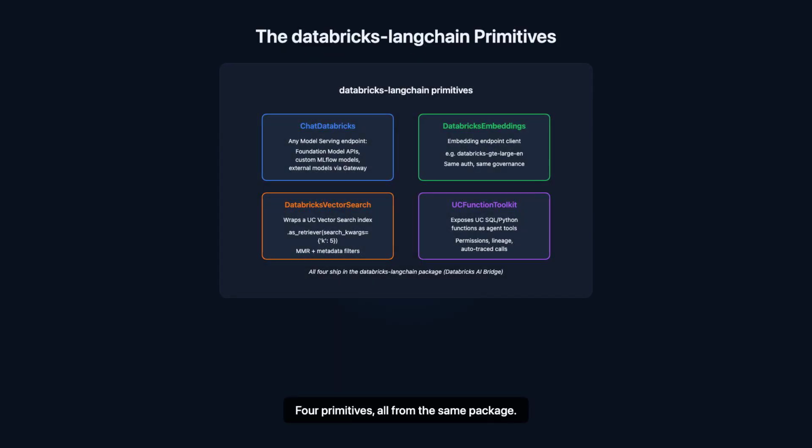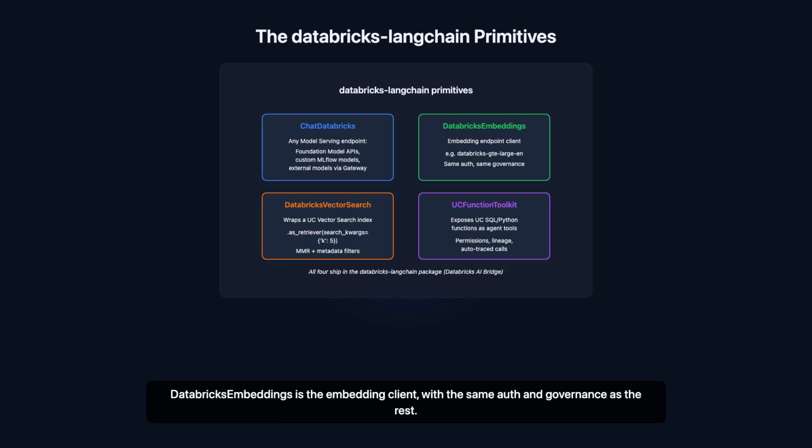4 primitives, all from the same package. ChatDatabricks is the one chat model class that targets any model-serving endpoint, a foundation model API, a custom MLflow model, or an external model proxied through Unity AI Gateway. Databricks Embeddings is the embedding client, with the same auth and governance as the rest.